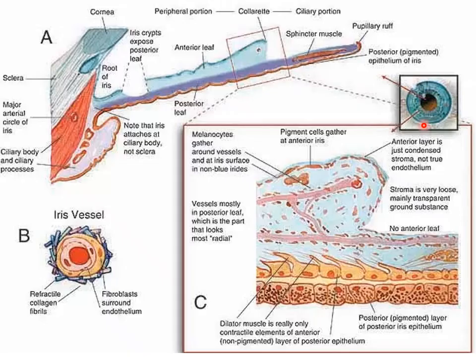The color of the iris is actually derived from the anterior limiting membrane. How? You see the pigment cells accumulate just below this anterior limiting membrane, and this is responsible for the color of the iris. Okay, the pigment cells below the anterior limiting membrane. And the rest of it is just the stroma with its blood vessels.